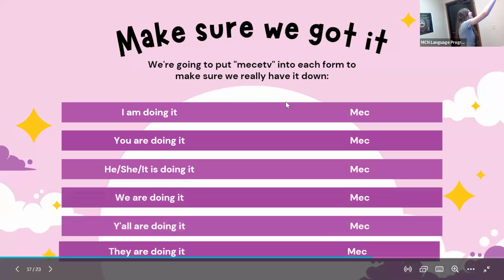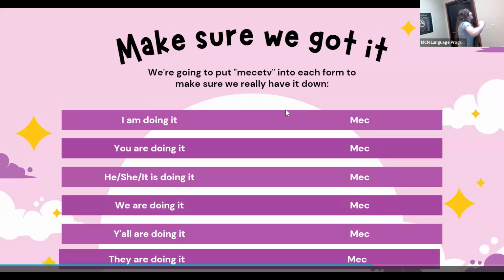So this is. I'm gonna change it to. How about I change it to light? That'll work. Okay, so we have all of our forms. We're using the same verb for all. We're gonna use vijita, which means to do. We're gonna make them into all these versions. I am doing. You are doing. He, she, it is doing. We are doing. Y'all are doing, and they are doing. And you're gonna tell me what to add. So we already know we're at the point.